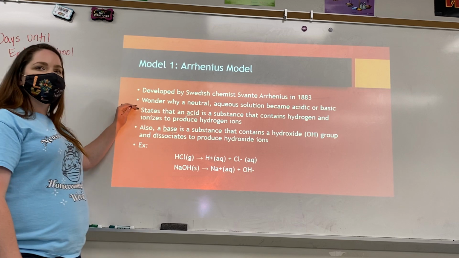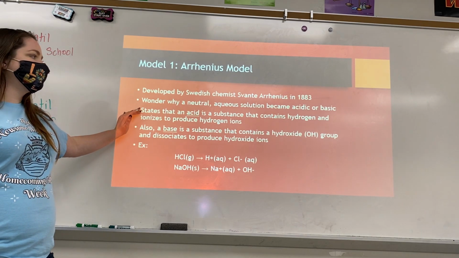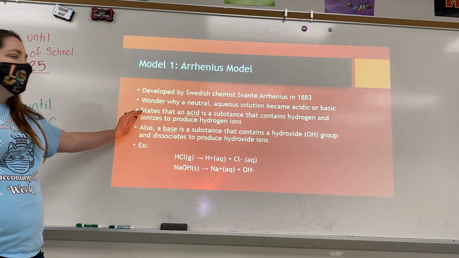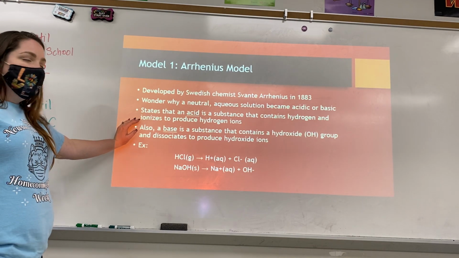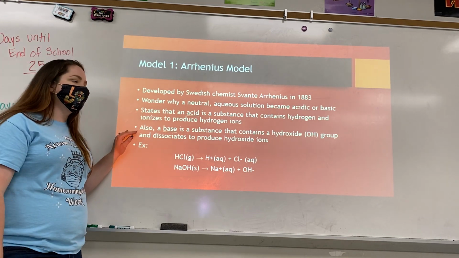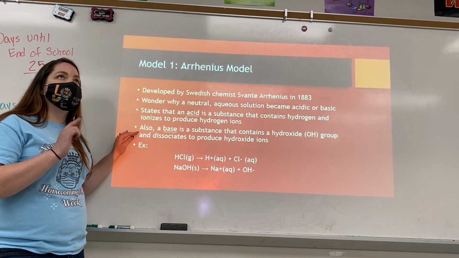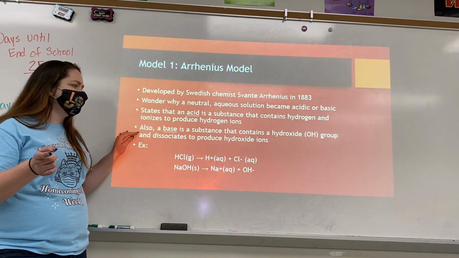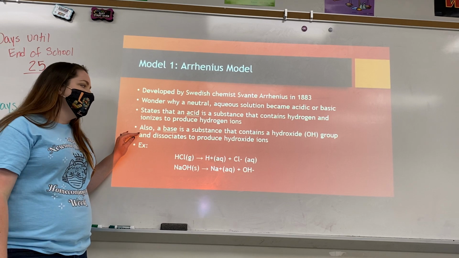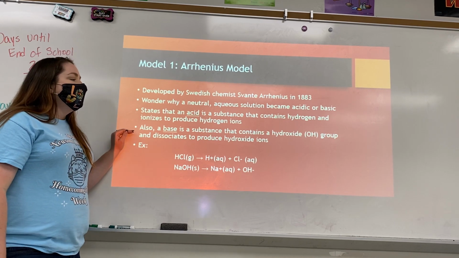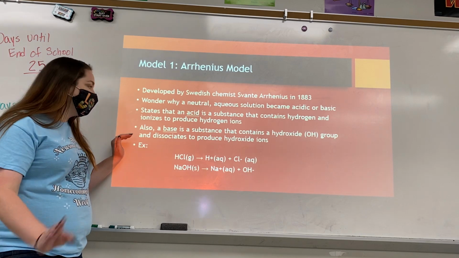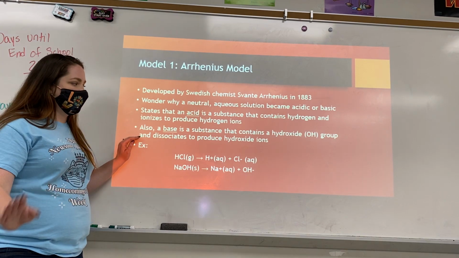So in a reaction, an acid is going to be something that contains hydrogen and that is going to ionize to produce a hydrogen ion. And then a base is a substance that contains a hydroxide group and produces hydroxide ions.